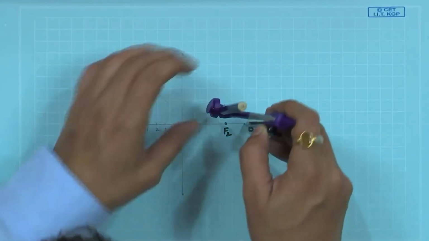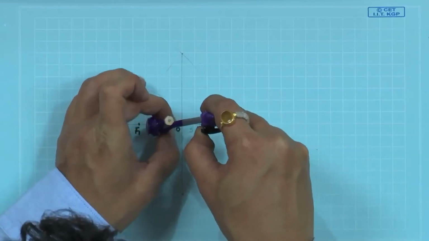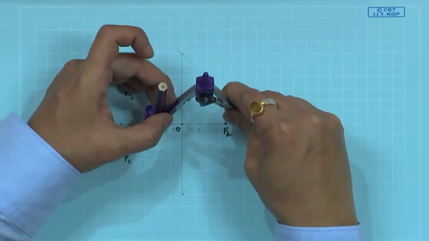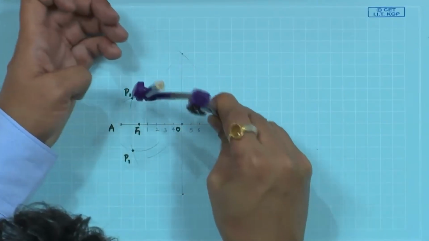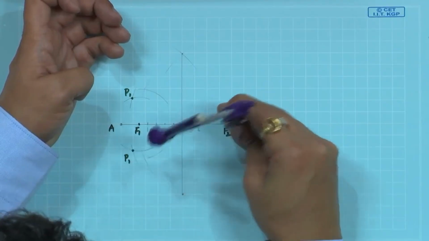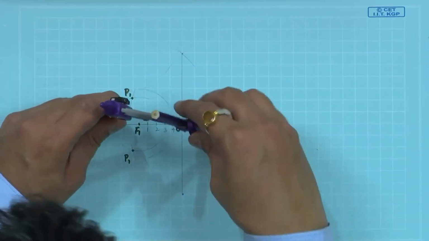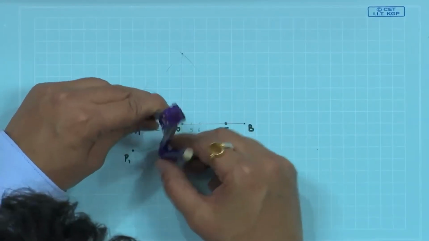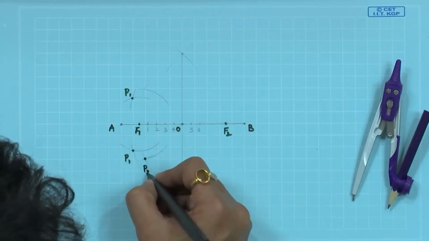Then B to 2, whatever the distance we get, use F2 and intersect this curve, which is A2. So, mark this point P2.